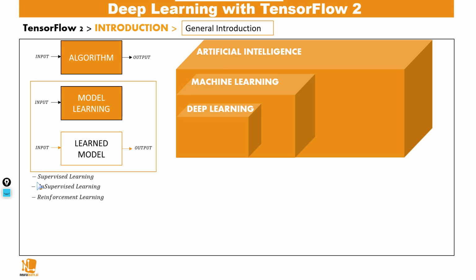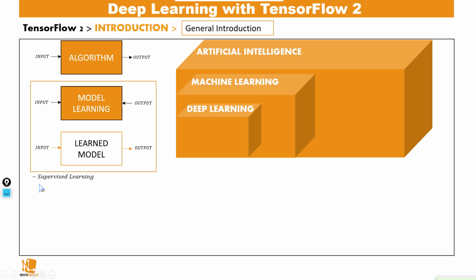Let's look at this categorization of machine learning algorithms. We have supervised learning, unsupervised learning, and reinforcement learning. In supervised learning, what we have is very similar to what we've seen already, where we have a model which has been trained with input-output pairs.